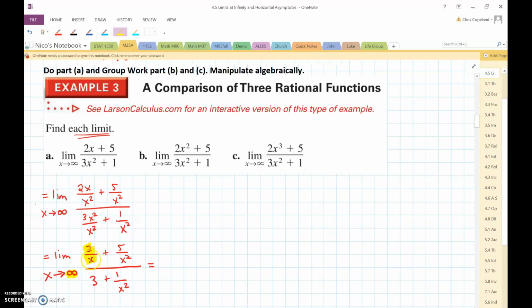Any number over infinity or negative infinity goes to 0. Plus 5 over infinity squared, that's going to be 0. So my numerator is going to be 0. My denominator is 3 plus 0. Any constant over infinity or negative infinity, if you square it, it's still going to be 0, so this would be 3. So this equals 0.